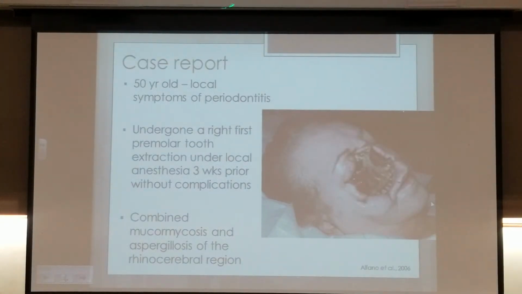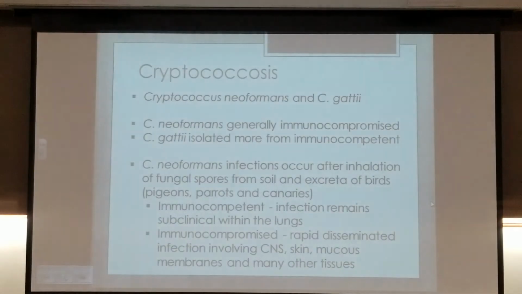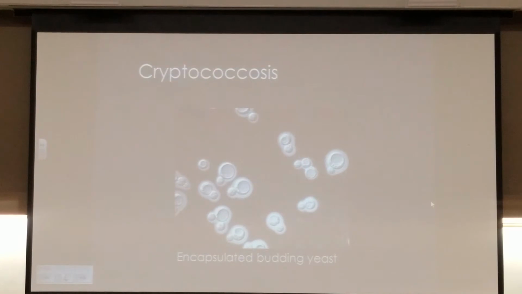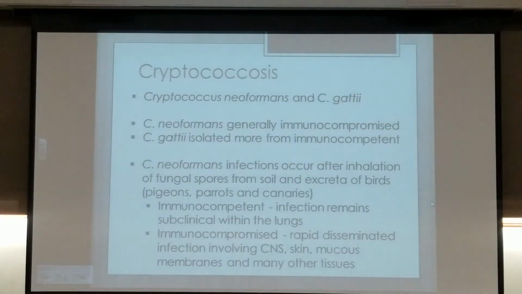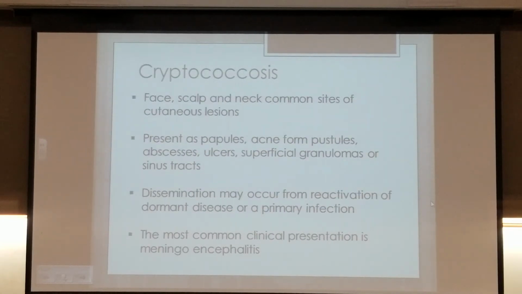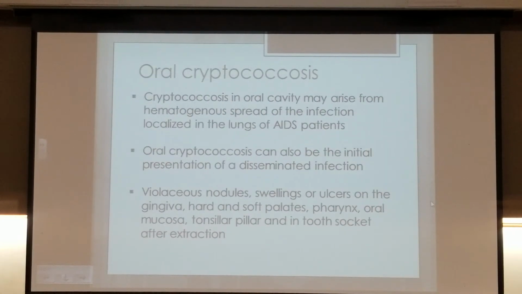And then remember we looked at this case report where this lady had both mucormycosis and aspergillosis. What's one of the key things about cryptococcus that's different? It has a capsule. And let's remember these two. Remember this one right here.